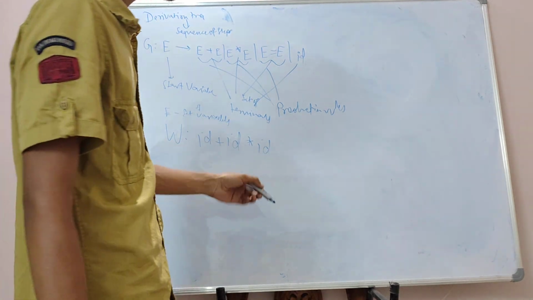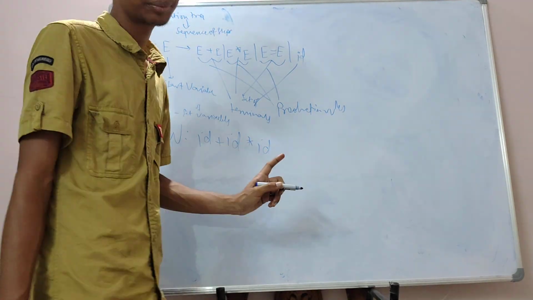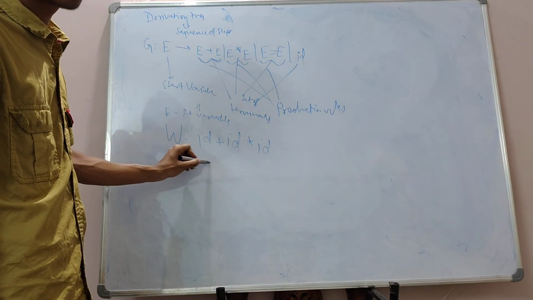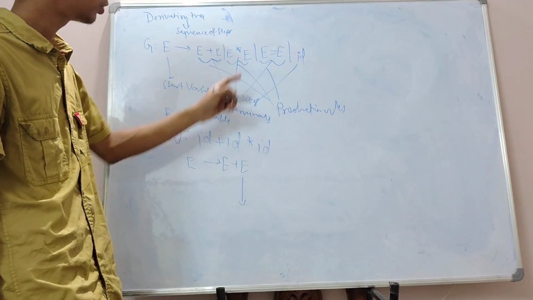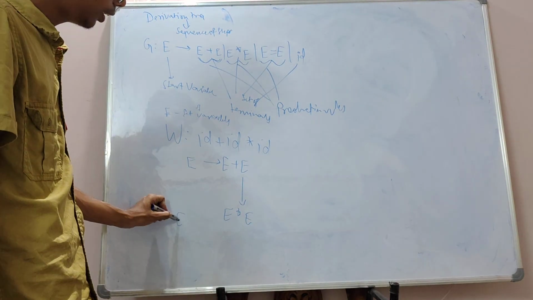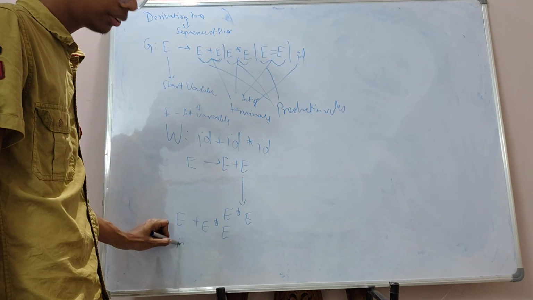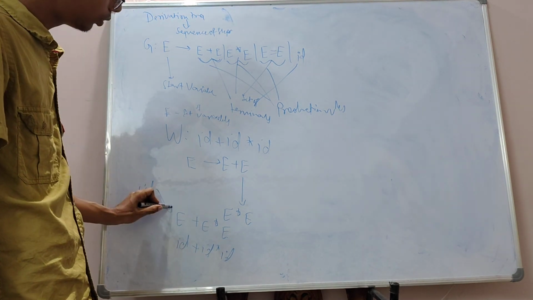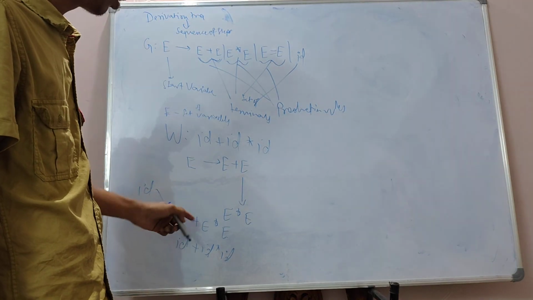Now suppose I have a word ID plus ID multiply ID. Does this word belong to the grammar or not? How will I find out? I will first use E goes to E plus E, and then here I will insert the production rule E star E. So ultimately I will get E plus E star E, that is ID plus ID star ID, because I have replaced E with ID in order to terminate.